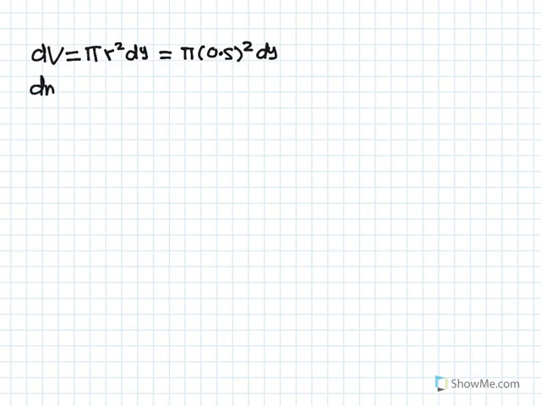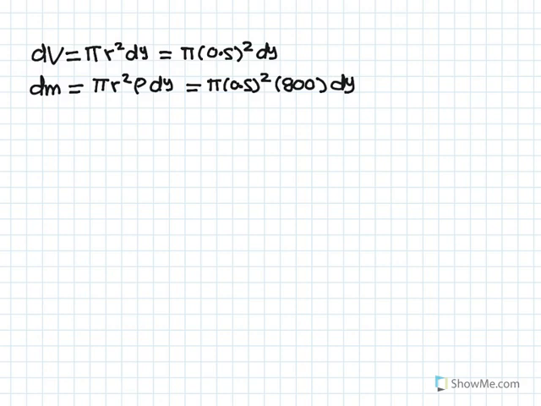Now the differential mass, the mass of a thin slice of oil at height y, is pi r squared times density times dy. This is equal to pi times 0.5 squared times the density, which is 800, times dy. This is the mass of a thin circular slice of oil at height y.